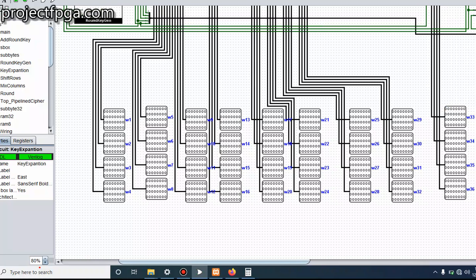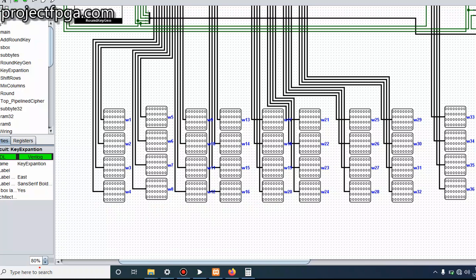So these are the different round keys generated when we use the key expansion. This is basically what the key expansion does: it generates different round keys for each of the rounds.